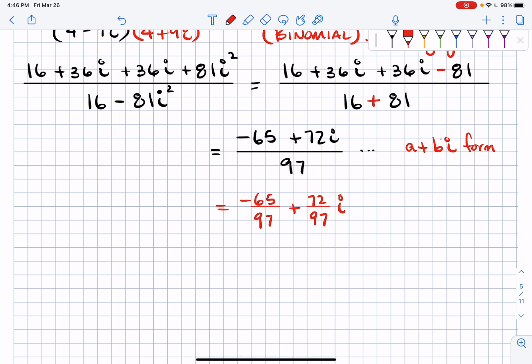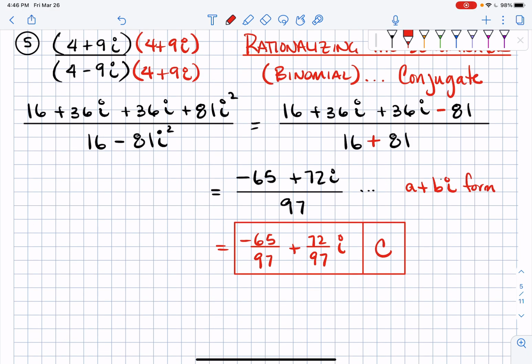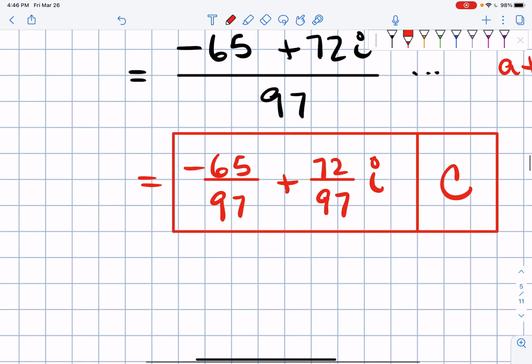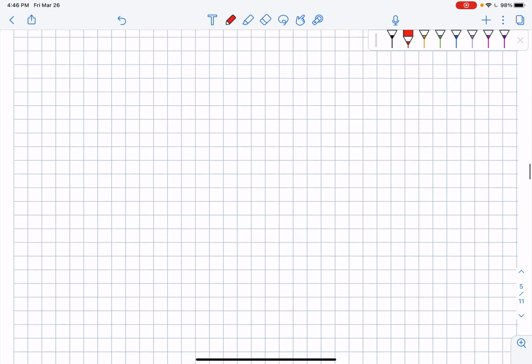And that would be choice C. And there we go. All right, so that's number 5. If either one of these fractions can reduce, you would actually reduce them, okay? Just want to throw that out to you so you guys know.